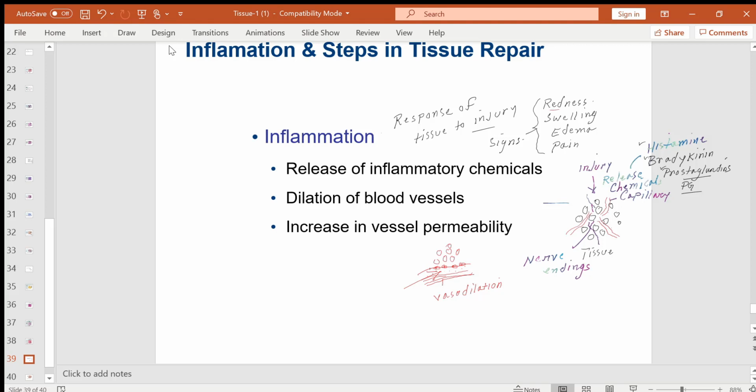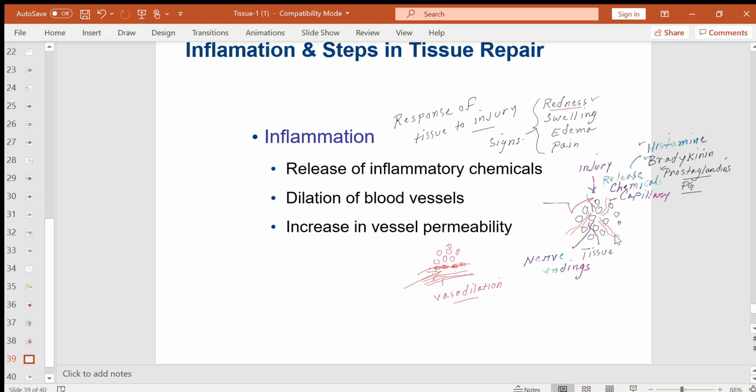Just think that if in this tissue more blood circulates, then that area will look red because blood is red. So that will give the redness in that area, vasodilation. And also, the pores or channels in the wall get bigger.